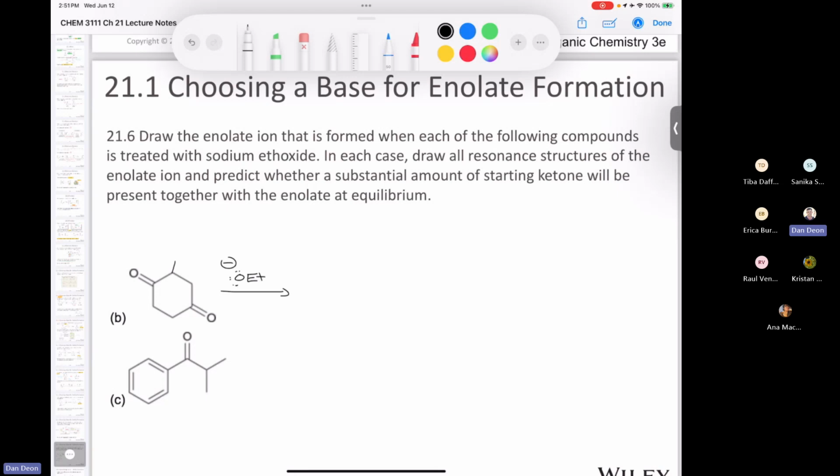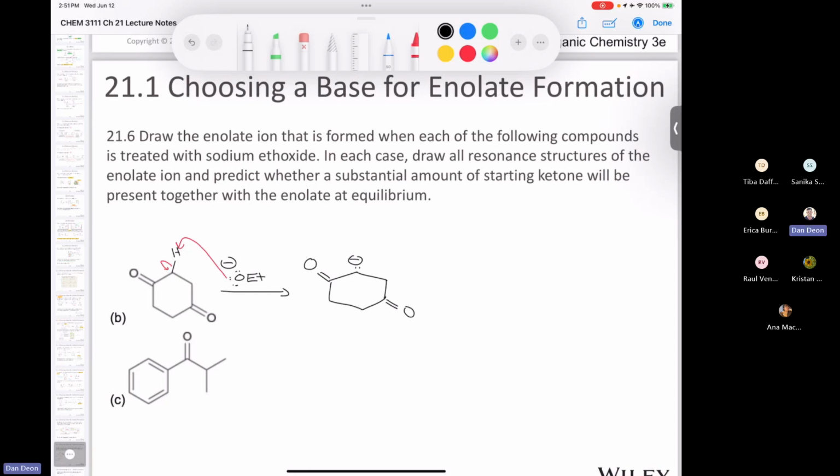This is an alpha carbon. And this is the only type of alpha carbon in here, right? Because we've got a plane of symmetry this way, and we have a plane of symmetry this way. So there's literally just one type of alpha carbon in this entire molecule. And so my base is going to pull off my proton, and I'm going to draw the enolate that I get. So let's draw the enolate. So we get something that looks like this.